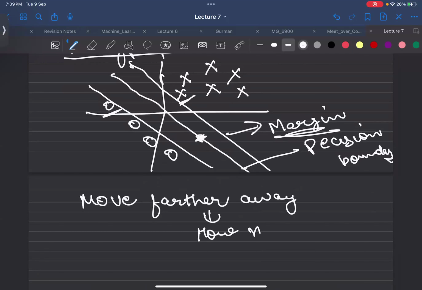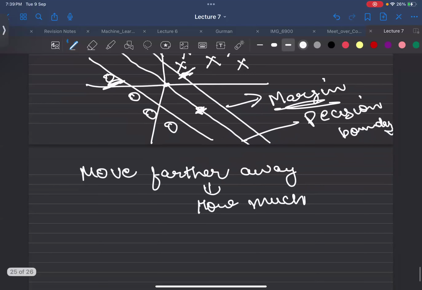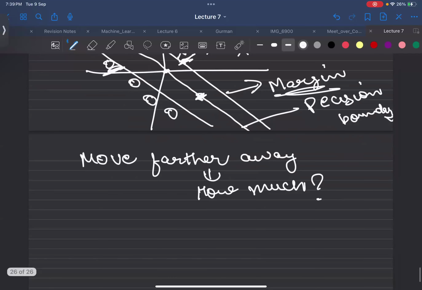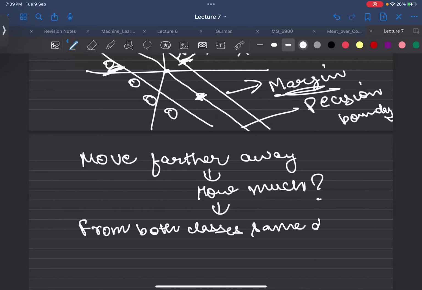Another question comes. I have a closest point to this, and I have a closest point to this. They should be far away from this. But how much? The answer is from both classes, the same distance from the hyperplane.